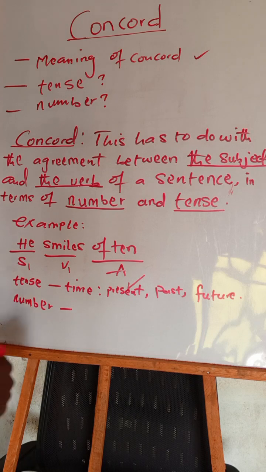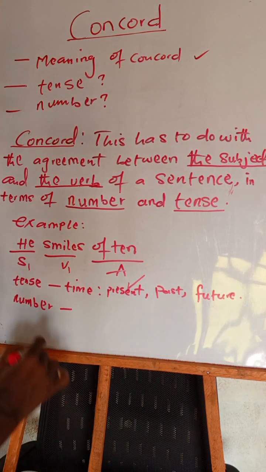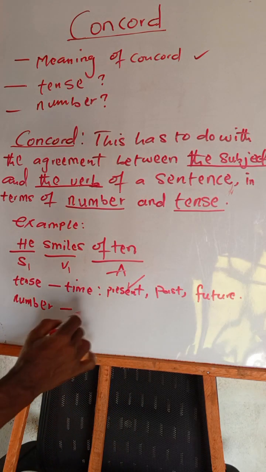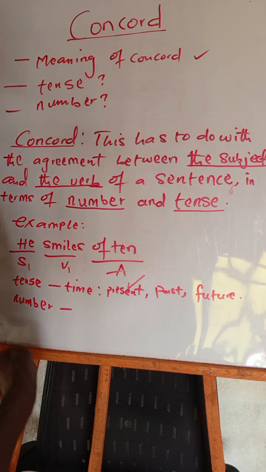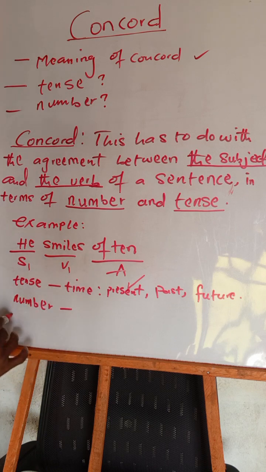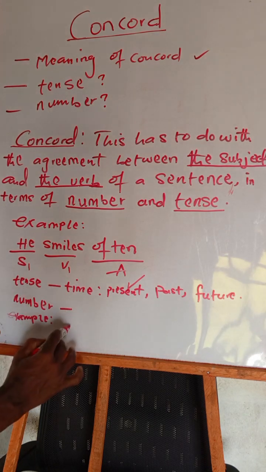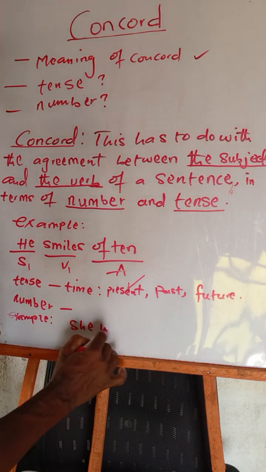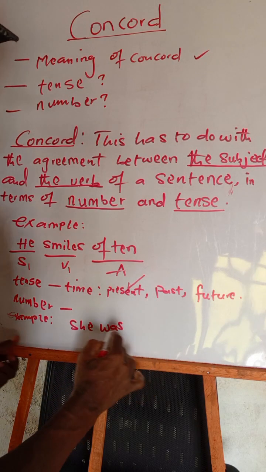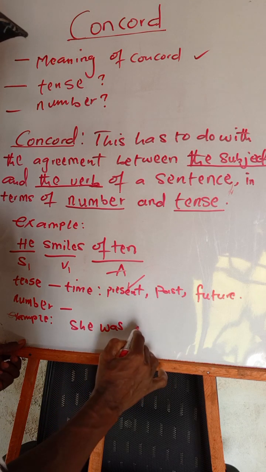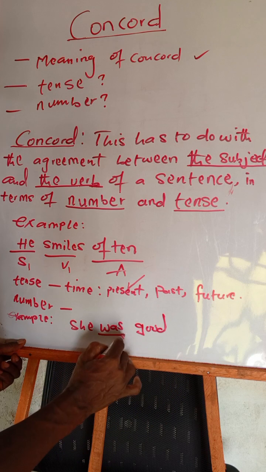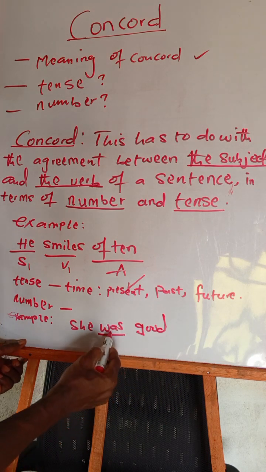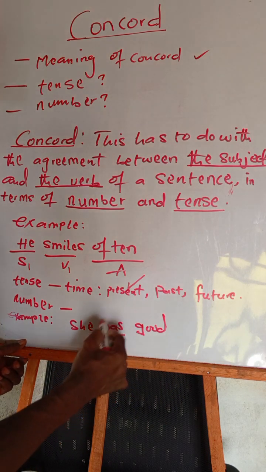You understand me? So, for example, let's take another example. She was good. Are you seeing this? Was is indicating tense, time.